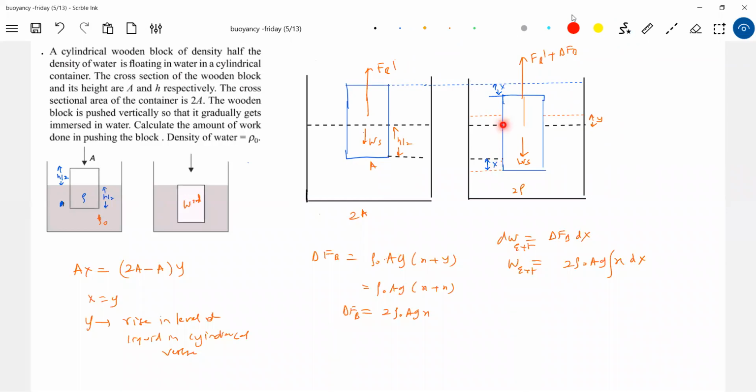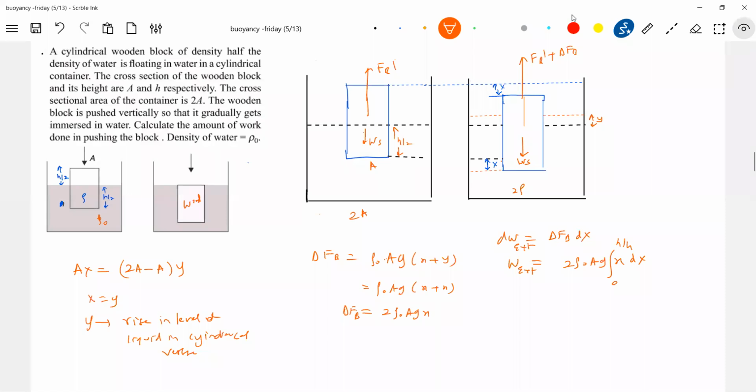If I push the cylinder by h by 4, the h by 2 length will get immersed, because if you push the cylinder by x, the liquid inside will rise by x. To get fully immersed, the h by 2 length should get into the liquid further. Then how much should I push? Only h by 4, the displacement. So this should not be 0 to h by 2, this should be 0 to h by 4. Able to understand the limit?